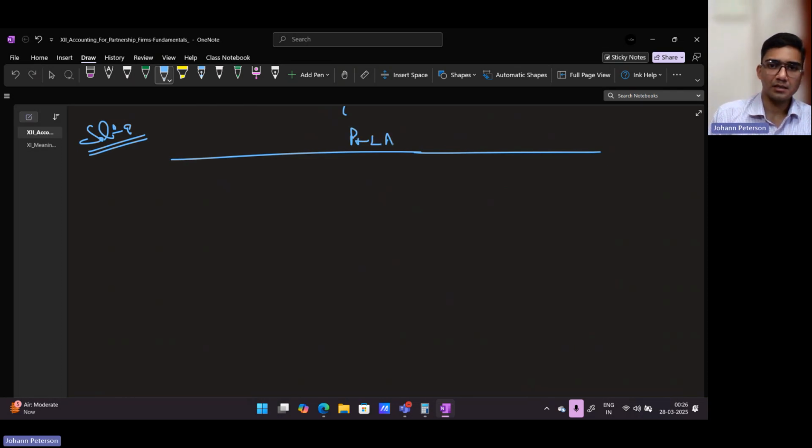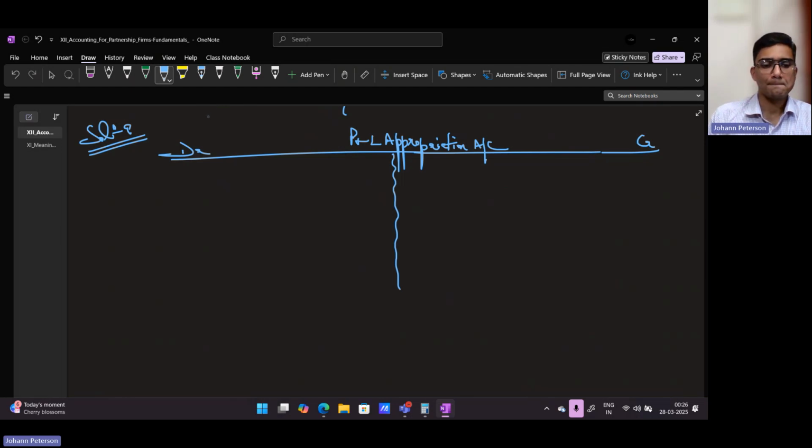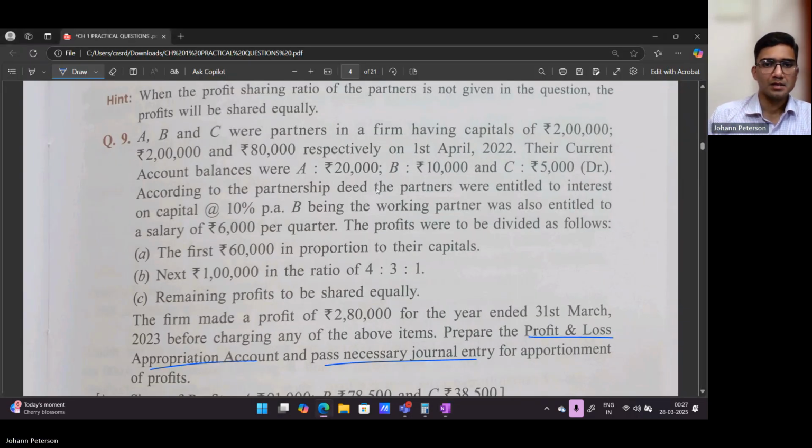So P&L appropriation account, debit, credit. Okay, let's read it again. So this is our main solution.